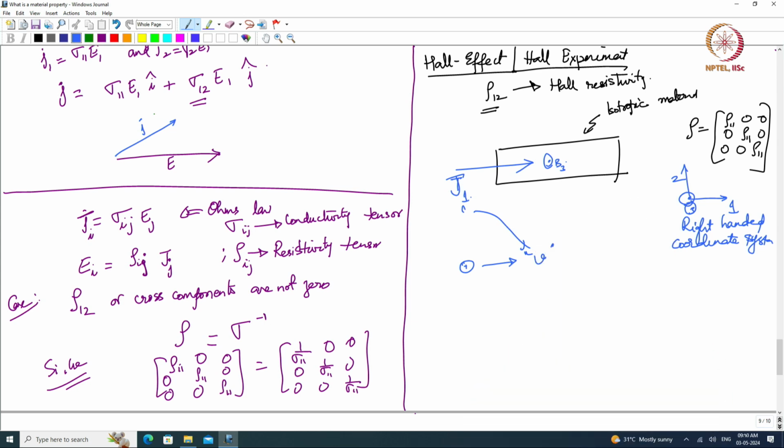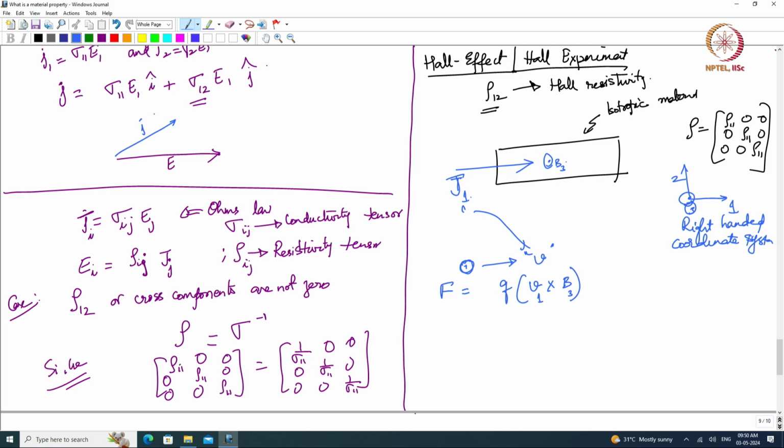Okay. And on that I am applying a magnetic field, right. If I apply a magnetic field, this positively charged carrier sees a force on it, right. So, what is the force on this positively charged carrier? F equal to q, which is just the charge of the particle, it is positively charged, right, v cross B. Now, velocity is in direction 1, B is in direction 3.